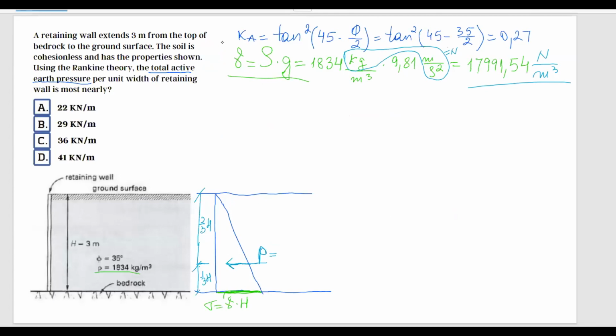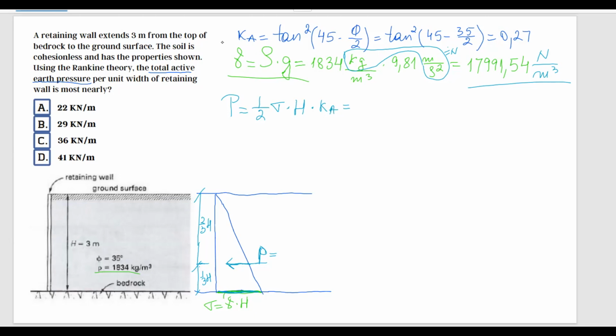So let's go ahead and write this down. P is equal to 1/2 multiplied by sigma, which is this value over here, multiplied by the height, and multiplied by Ka.